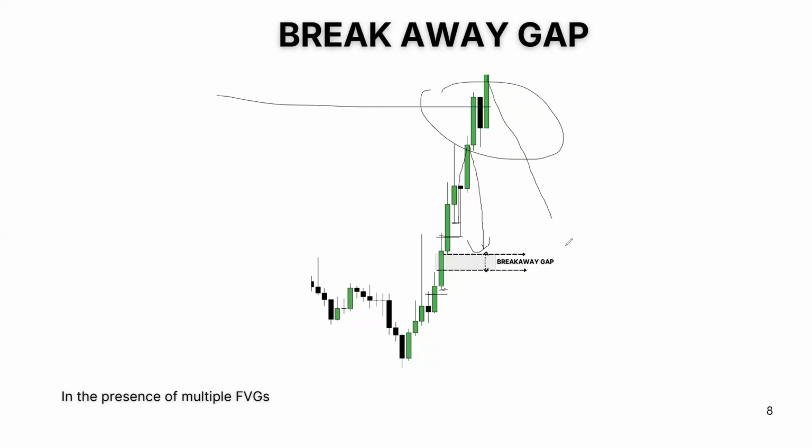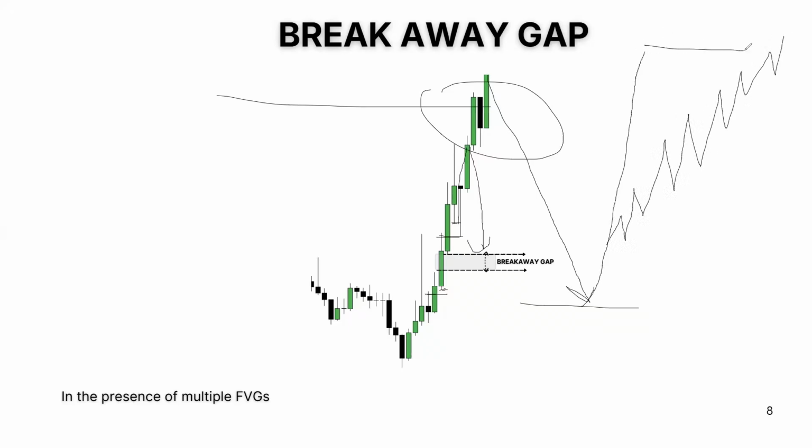Probably price is retracing back down to a higher time frame support level to begin another bullish institutional level, of which every fair value gap will hold price, breaker block, mitigation block as price keeps going higher until the objective is achieved. All right, I hope this was helpful.